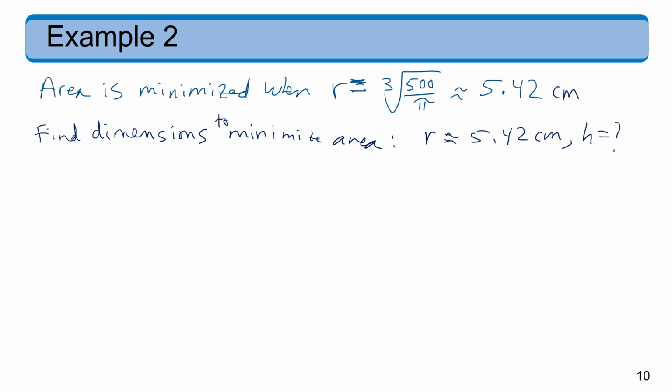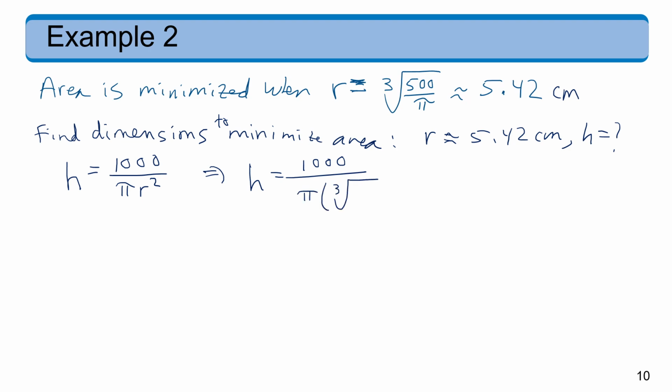Now if you look back 2 slides, we wrote this formula for h. It was 1,000 over pi r squared. So we know what r is to achieve our optimal value, so we can just substitute that in to find the corresponding h. Now the exact value, you'd plug in the actual unrounded expression, right?